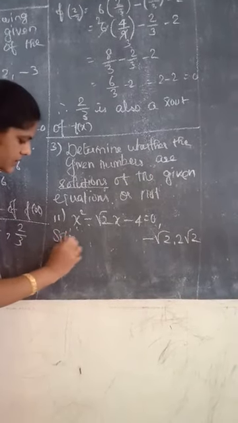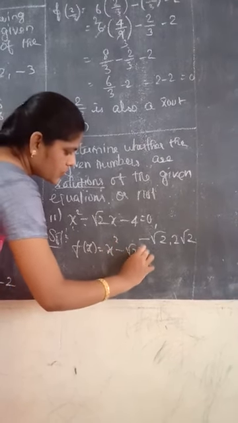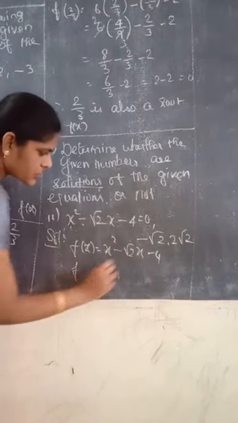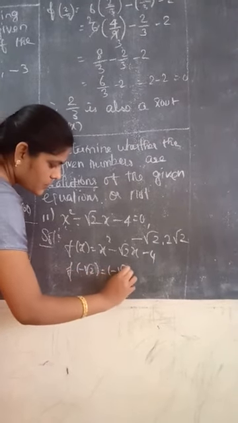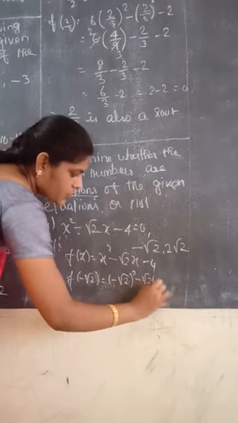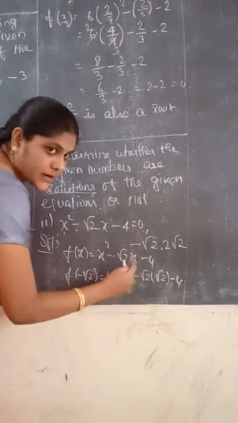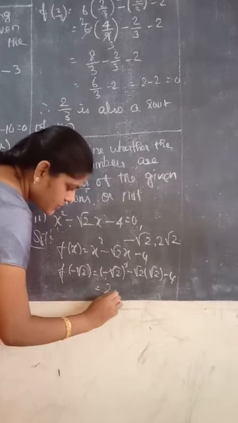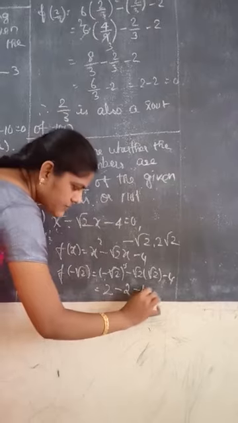So listen, in the same form, f of x equal to x square minus root 2 x minus 4. First you need to substitute f of minus root 2. Minus root 2 the whole square minus root 2 into root 2 minus 4. Minus into minus plus, root 2 into root 2 is 2, minus root 2 into root 2 is 2, minus 4.